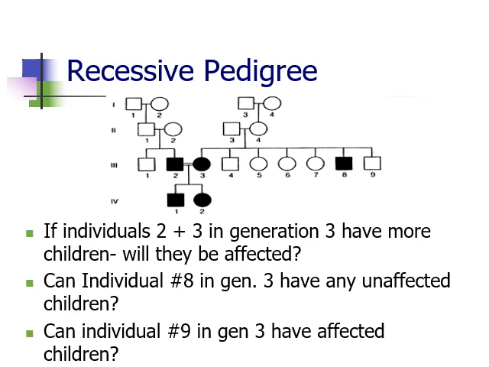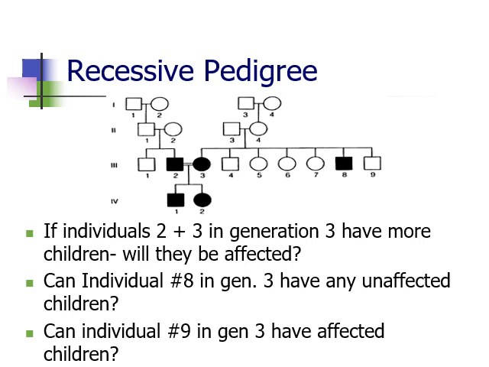So for our last question, it's possible that he could have affected children because he could be passing down one of those lowercase letters if he was a carrier and giving that to the children, along with if they mate with someone who has two lowercase letters.